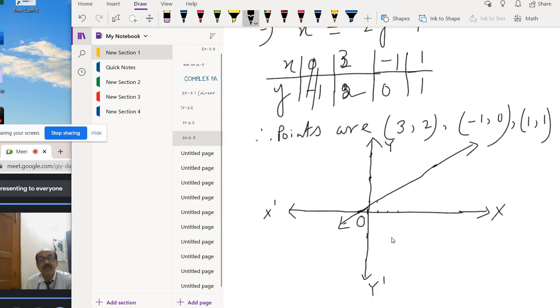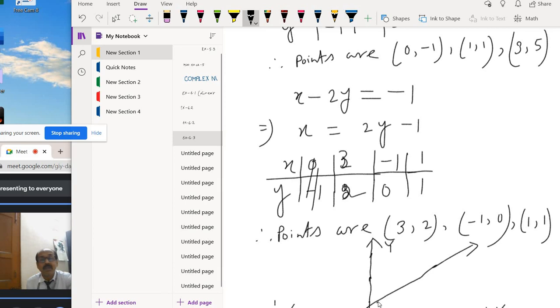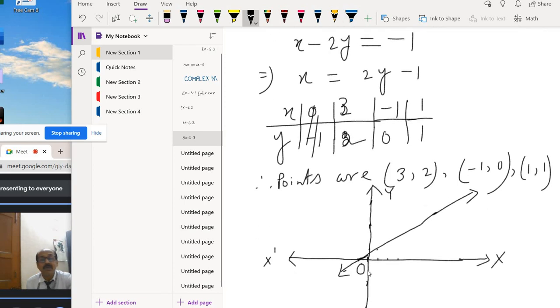This point is (0, -1), and this point is (-1, 0). Okay, so this is the point. For the second line, (-1, 0), then (1, 1), then (3, 2).